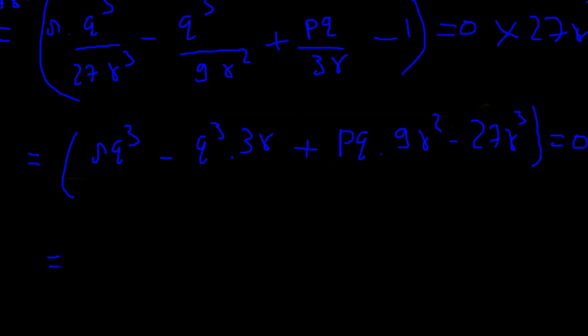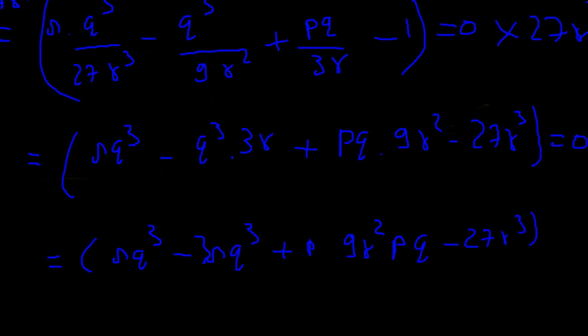Let's write this in a cleaner manner. It will be r q to the power 3 plus 9 r squared pq minus 27 r to the power 3 is equal to 0.